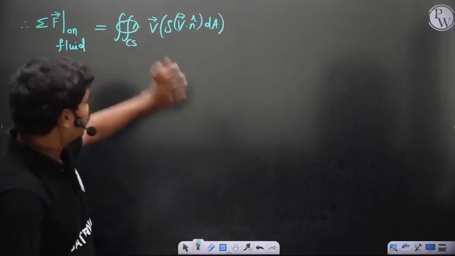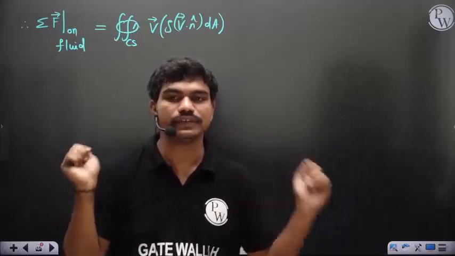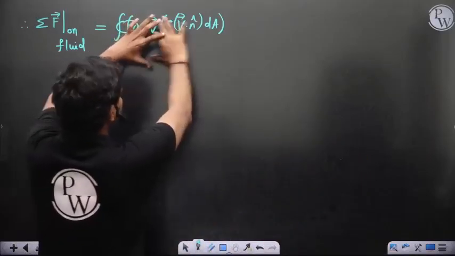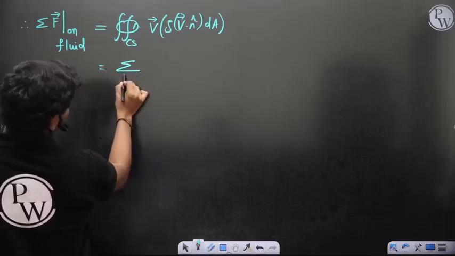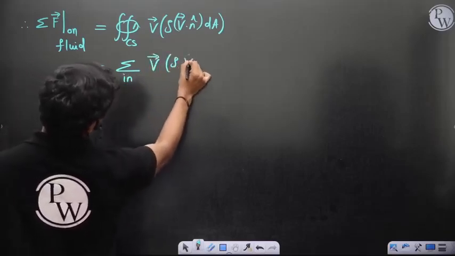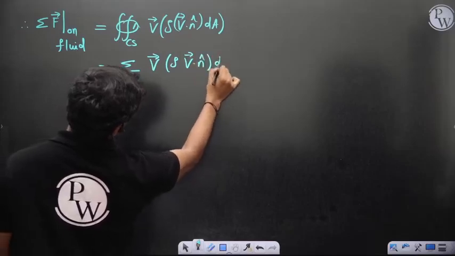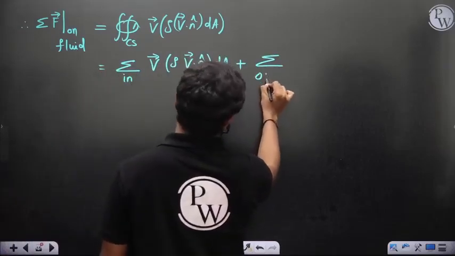Since this integral takes care of all points where fluid is crossing the control surface, can I break this integral into two parts such that one consists of summation of all inlets V rho V dot n cap dA plus summation of all outlets?